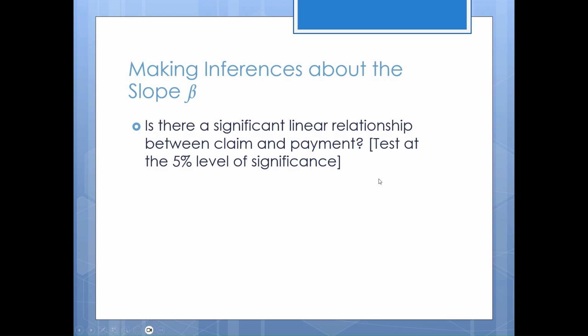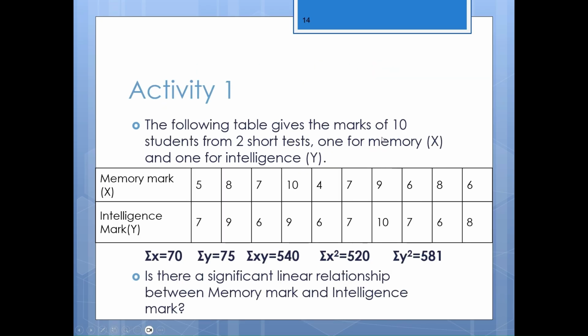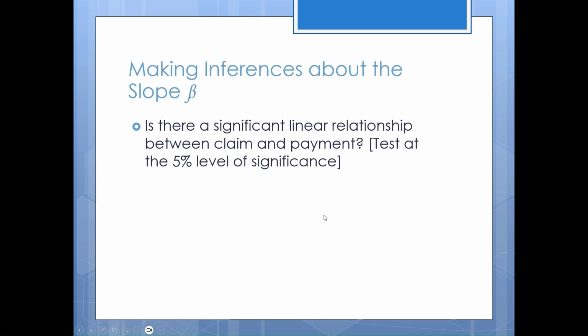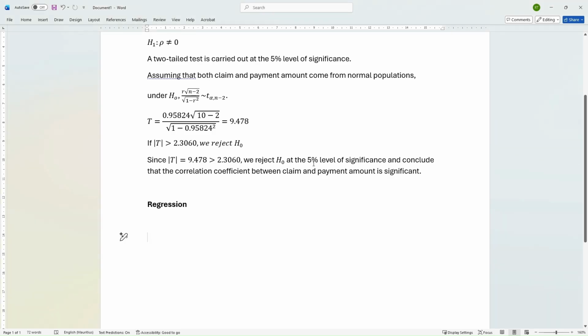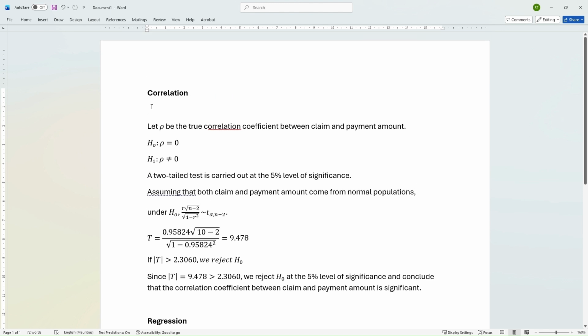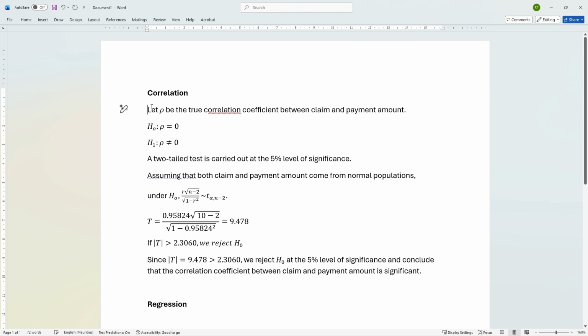To be able to do that, let's have a look at an example and go through it and do the testing. We'll go back to the same example we've been working with earlier, the claim and payment amount. To start with, just like in correlation where you define your term, for us the term is going to be beta.